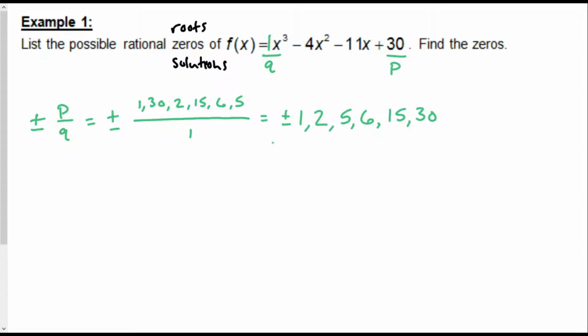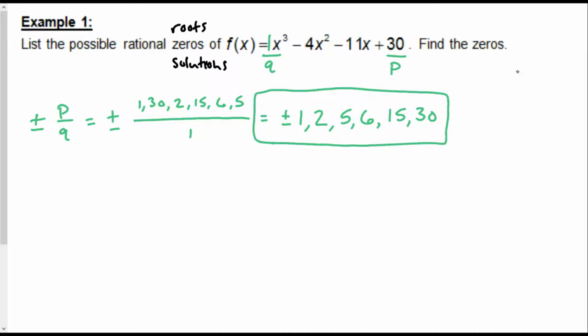So this is what we're going to say is adequate for a list of possible rational zeros. You'll notice all of these are rational numbers. This is our list from plus or minus p over q, where p was a list of all the factors of our constant, and q is a list of all the factors of our leading coefficient, which in this problem was easy because it was 1.